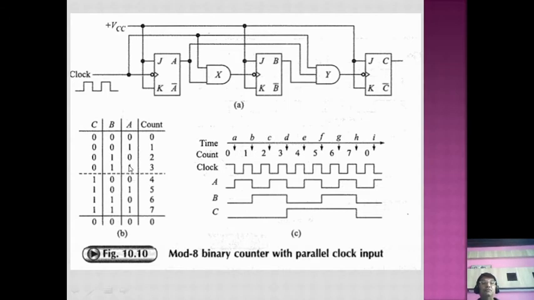Again, when the output of A changes from 1 to 0, B is required to toggle from 1 to 0. Again, when the output of A changes from 1 to 0, B is required to toggle.